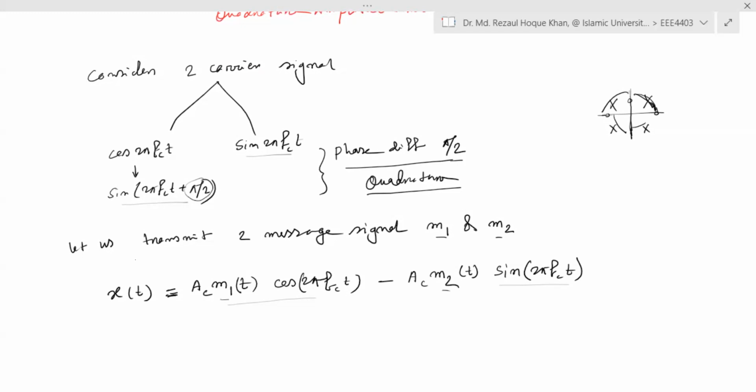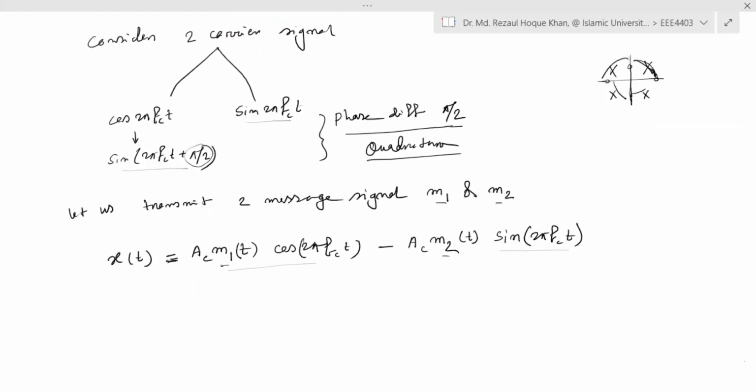Now, we can see that M1 is modulated by cos 2 pi fct. This is the in-phase carrier.